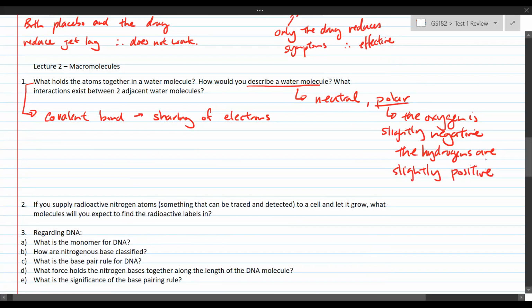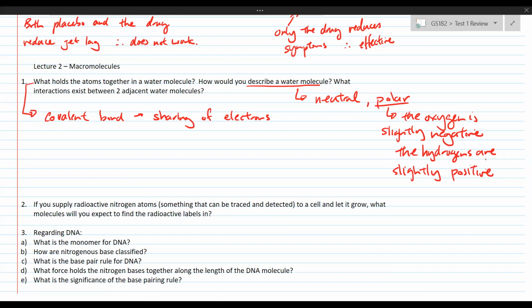And that is as a result of uneven sharing of electrons. We talked about this concept of electronegativity last time when we described the ETC. So oxygen is more electronegative, that's why it's pulling the electrons towards itself more. Yes, the notes will be posted afterwards, as usual.